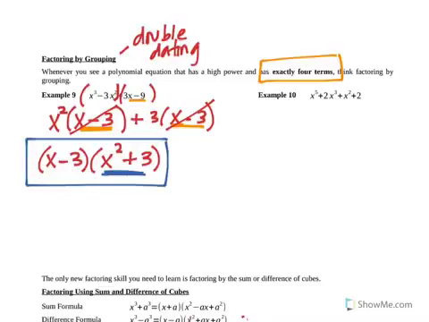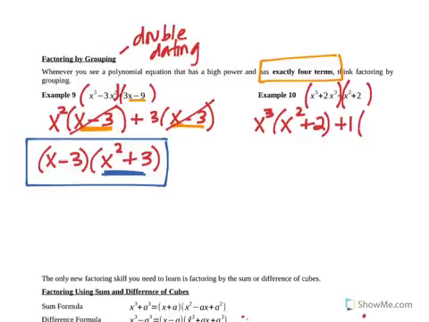Let's look at example 10. Again, I'm going to break them off into double dates. Take the GCF out of the first. That would be x cubed. And then in the last one, you might say, well, x squared plus 2, they don't have anything in common. In this case, we would say, well, they have 1 in common.